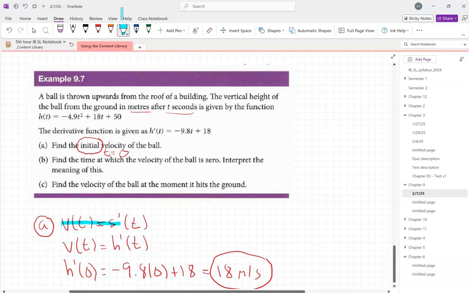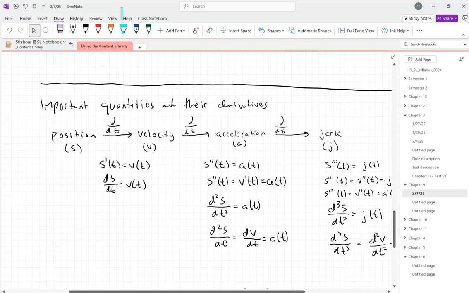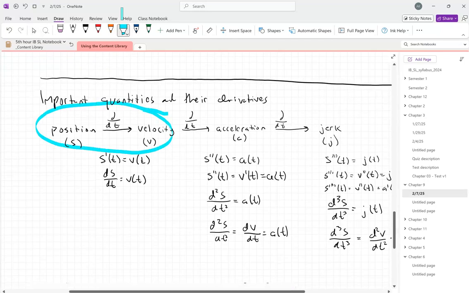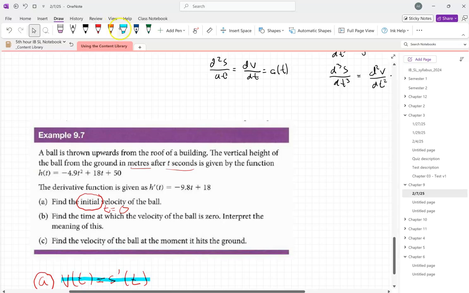So from before, we said velocity is the first derivative of position, right? That's what we said right here. So that's just me writing that down, that I knew that. In our case, our position function is what we're given.